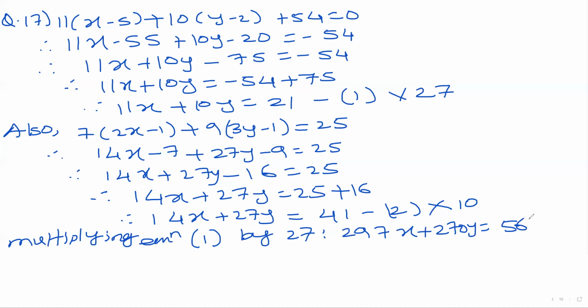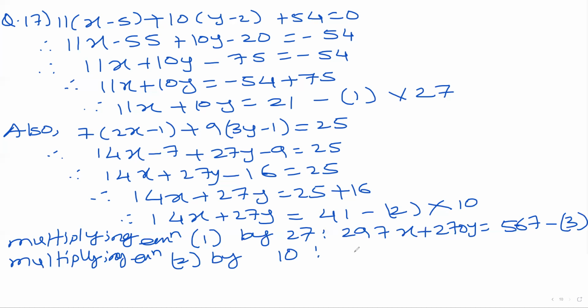Correct. Multiplication done. That's all. It's very easy, in fact. Then multiplying equation 2 by 10. This is easy. So you get 140x plus 270y is equal to 410.